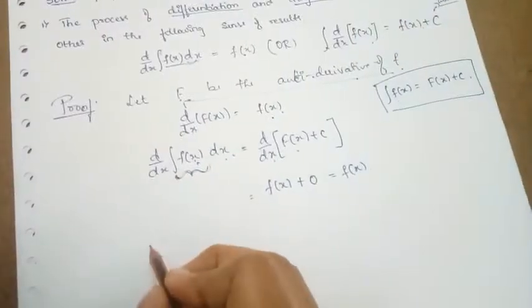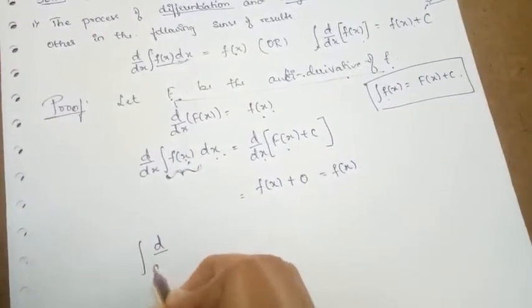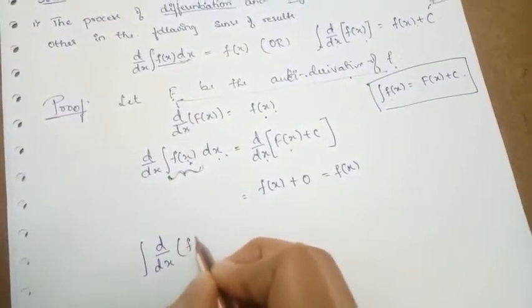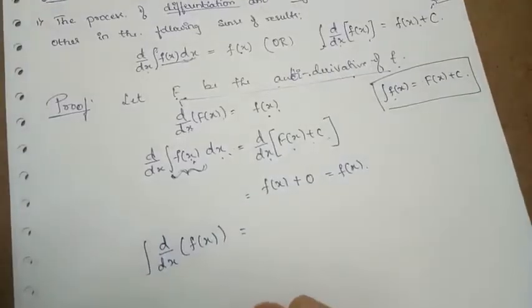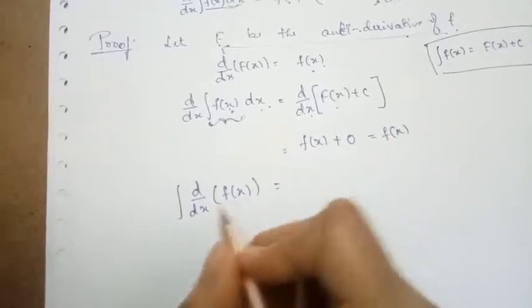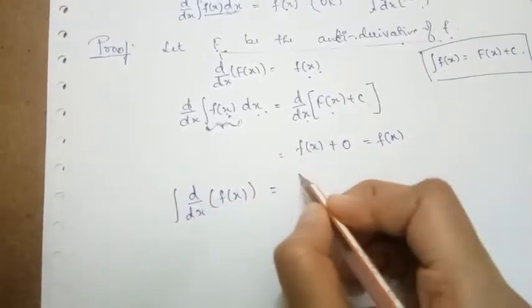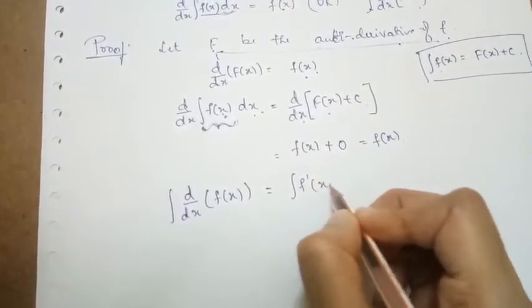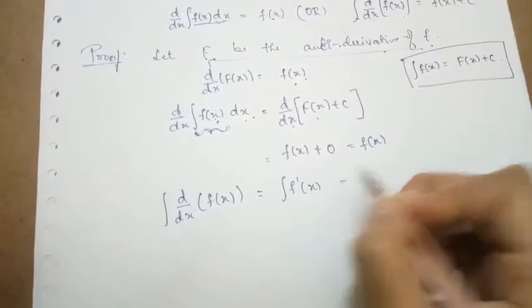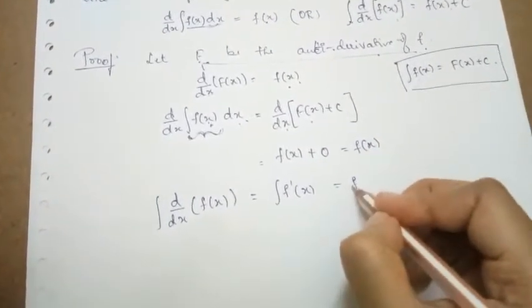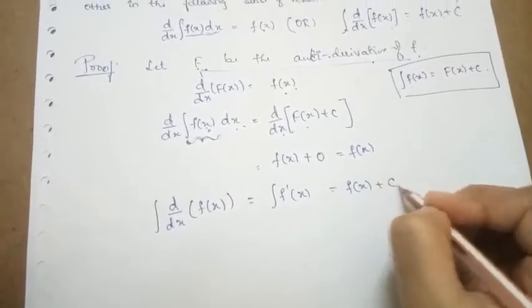Similarly, you can think of integration and differentiation of f of x here also. Clearly, the differentiation of F of x is nothing but f dash of x. So integrating and differentiating a function, we are going to get f of x plus c.